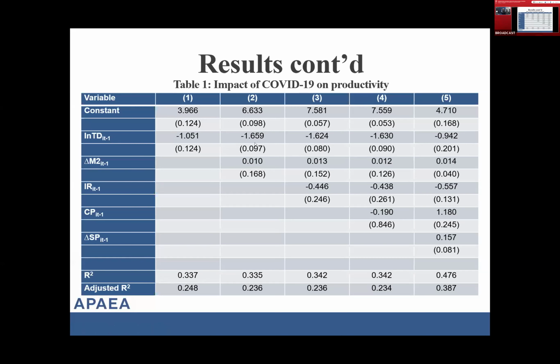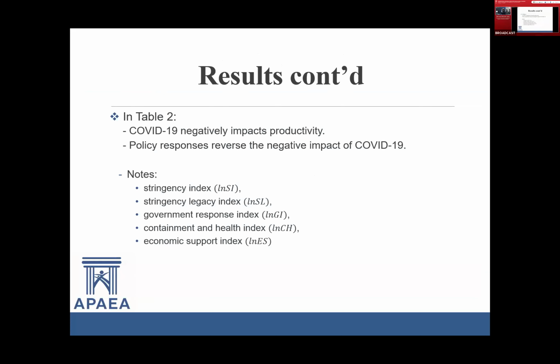Okay. So with regards to our main result, which is to find out whether the policy measures succeeded in reverting the impact of the pandemic, we regress the annualized industrial production indices on the lag of the COVID indicator, the policy indicators, and their interactions, and condition for the other economic factors.